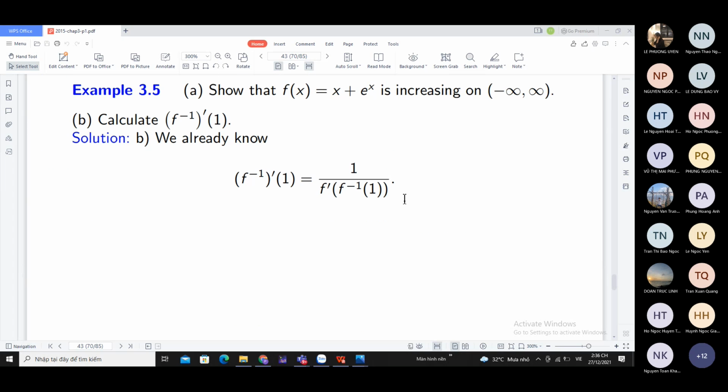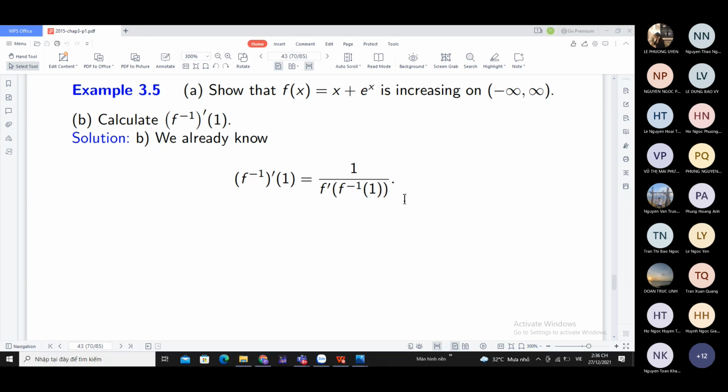We already know the derivative of f inverse of 1 equals 1 over f prime of f inverse of 1. Actually, in general, we have the derivative of f inverse at x equals 1 over f prime of f inverse of x. Okay?